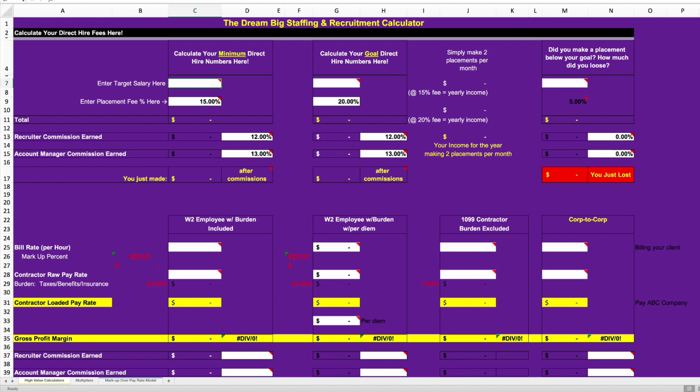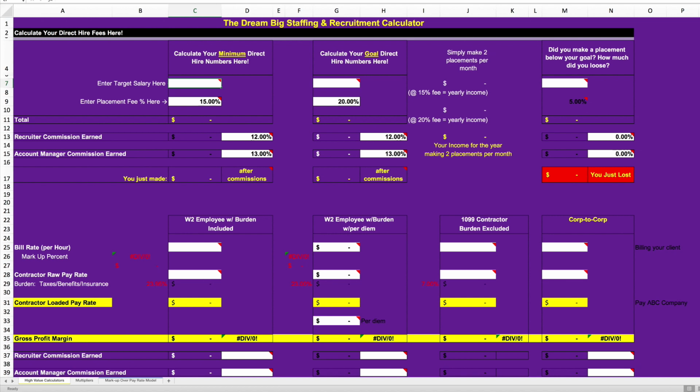One of the things that it does is allow you to see how much you can pay your candidate on the staffing side, how much you'll receive from the client, and how much you're going to allocate towards your burden. Then it also shows the possibility of what you can make in a quarter, in a week, in a month, in a year, which is really cool because it allows you to forecast.